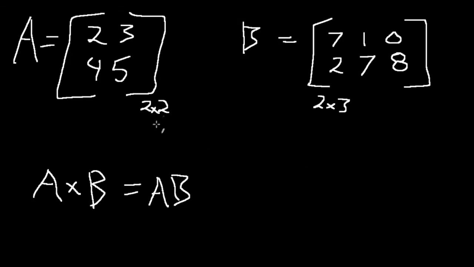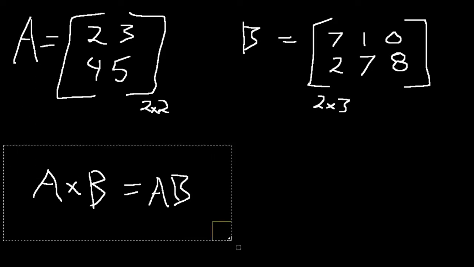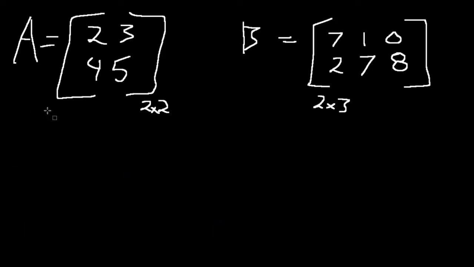So let's go ahead and multiply these together, and we'll get into the meat and potatoes of doing this. So basically what you do is you take the row of the first one and multiply it by the column of the second one per element.